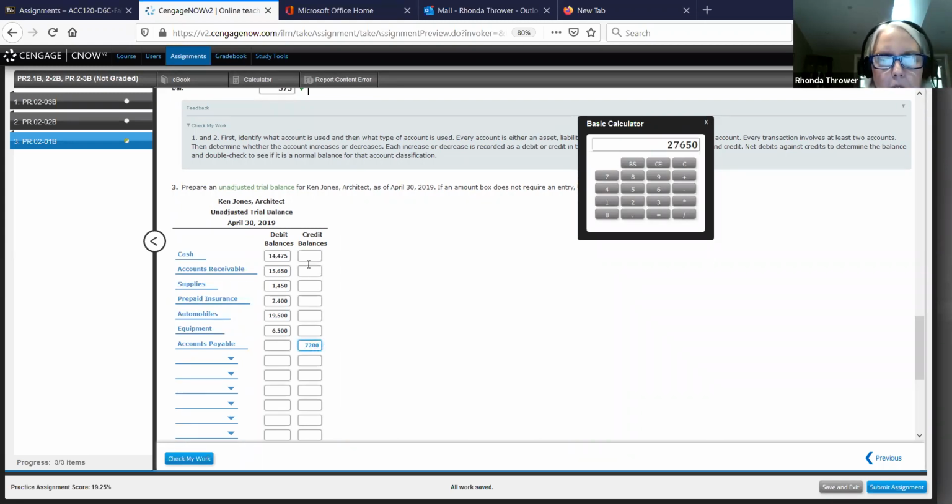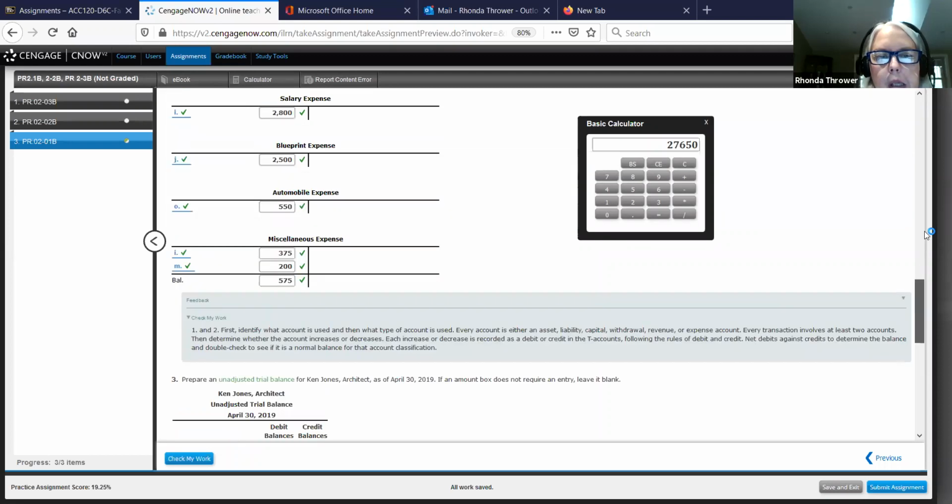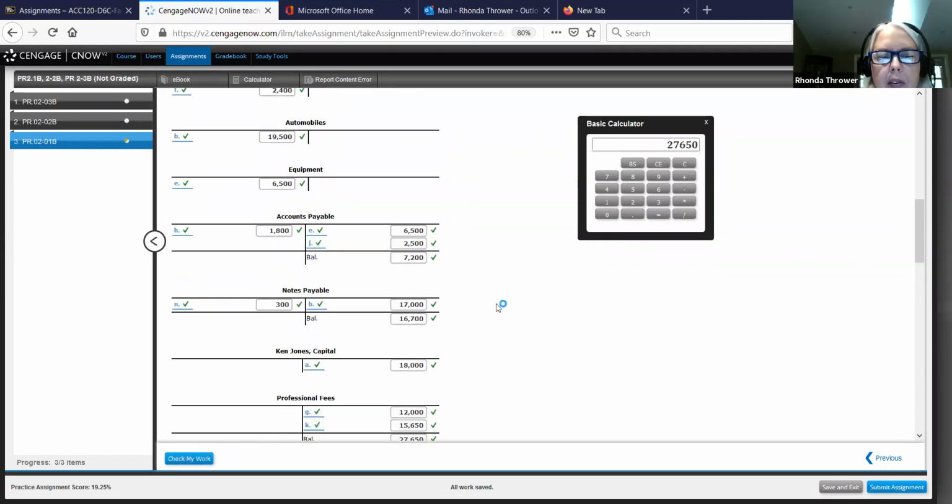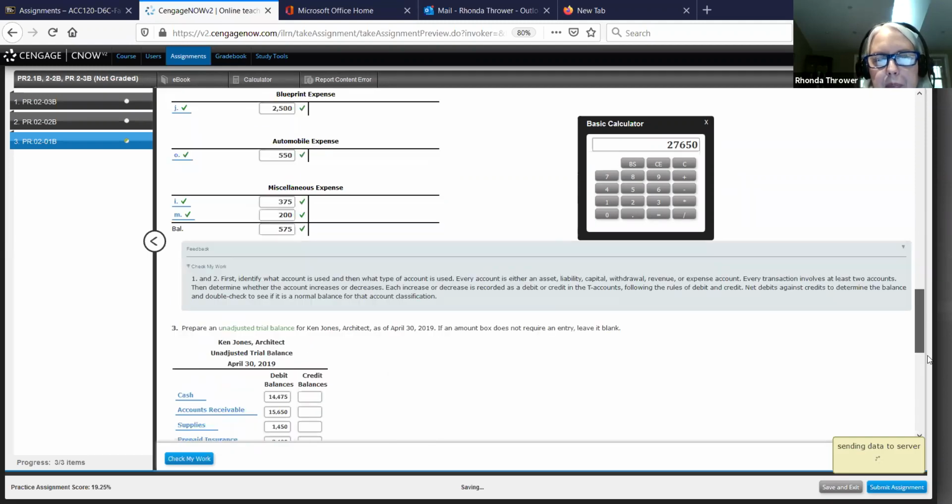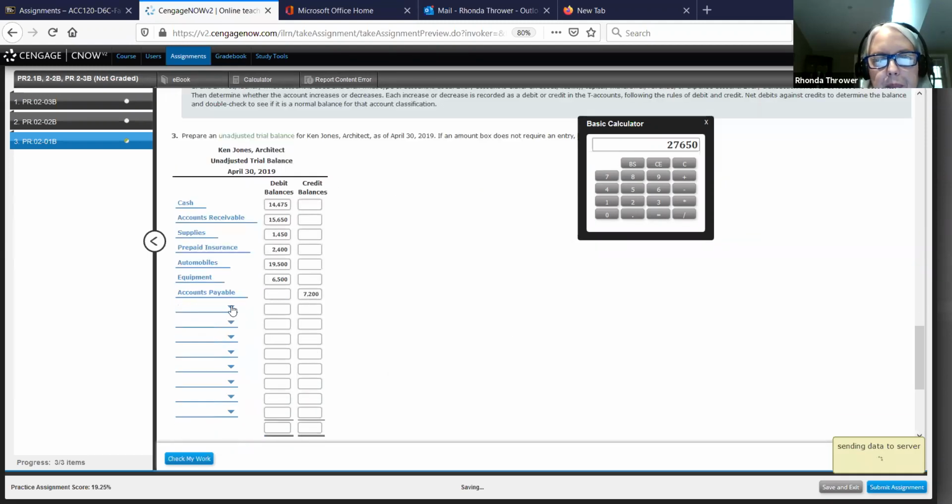You have to put it on the credit side because liabilities have credit balances. My next liability account is notes payable. Its balance was $16,700. It too is a liability, so it should have a credit balance.